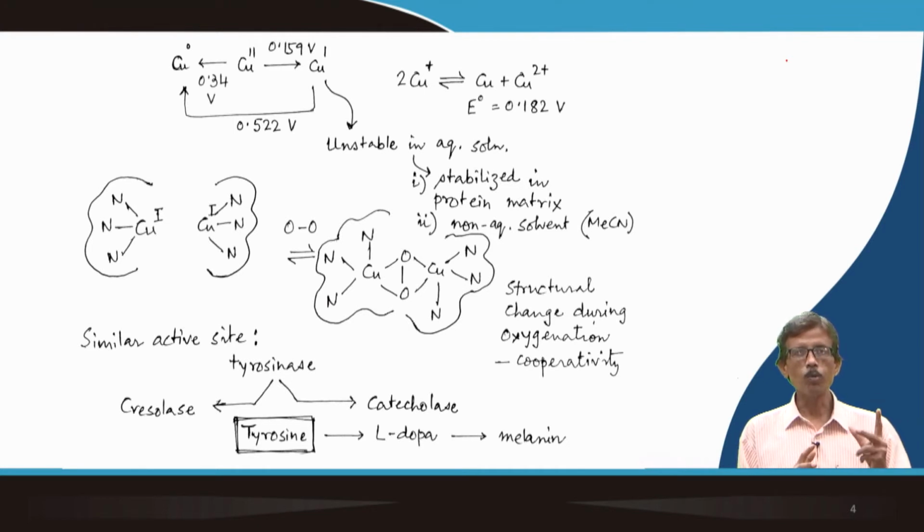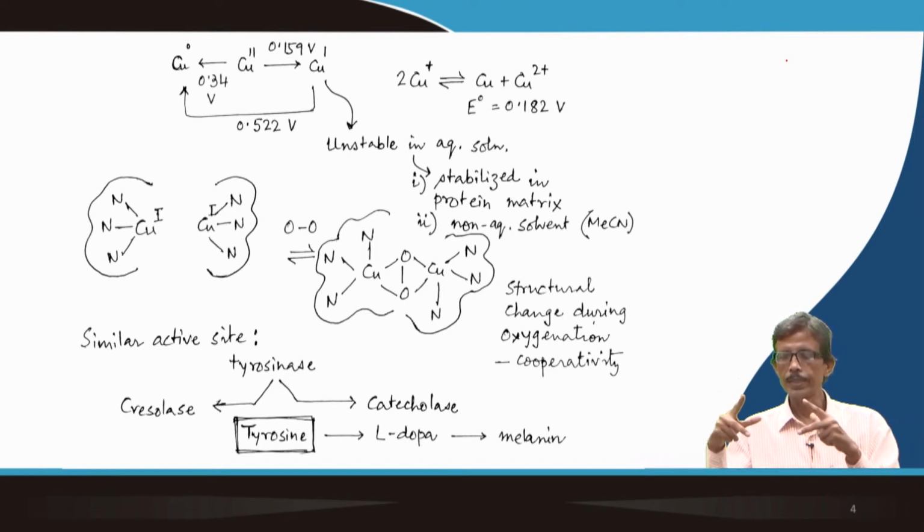So, if you are able to bring 3 such donor groups, what we see in case of your hemocyanin also, this is the reaction what we will study for the hemocyanin. So, 3 donor centers 1, 2, 3 from one phase and another 3 from the other phase. So, if the protein is coming like this and these 3 are allowed to grab copper number 1 and these 3 is also allowed to grab the copper number 2, you get some binuclear entity.